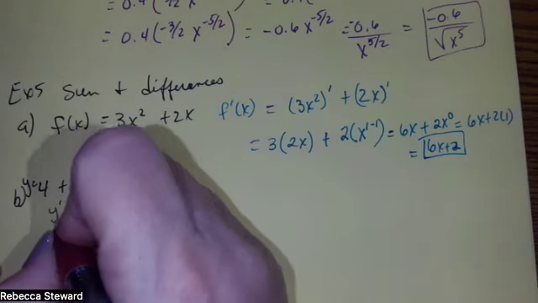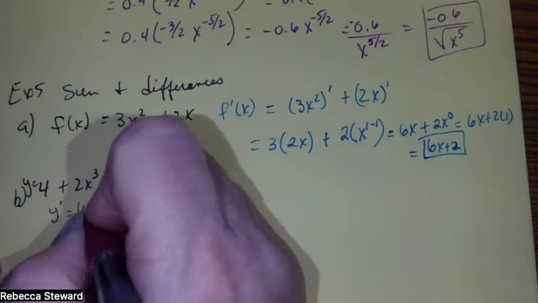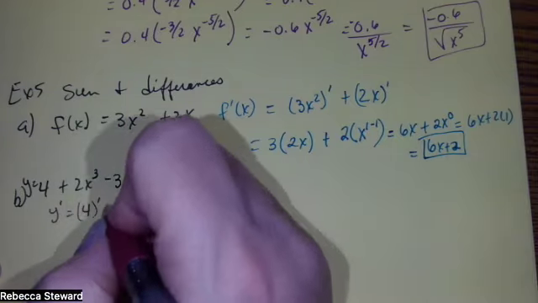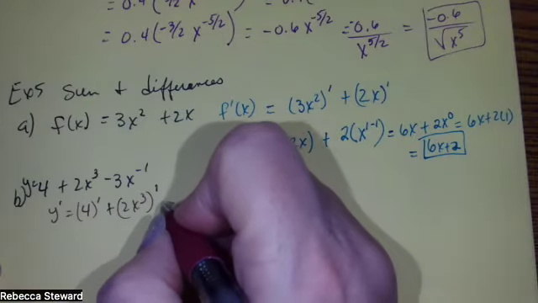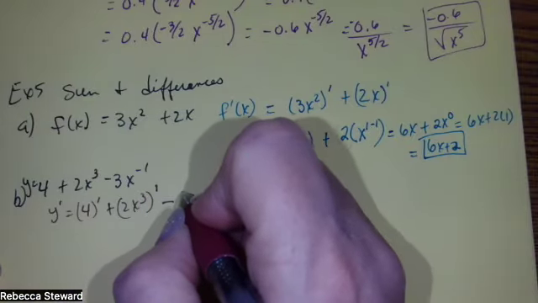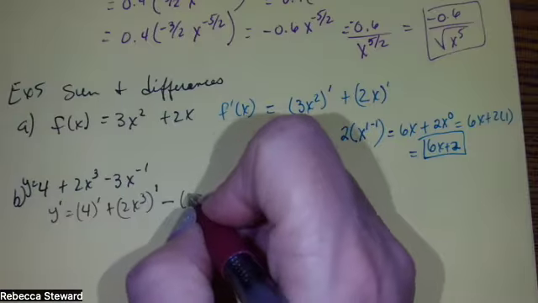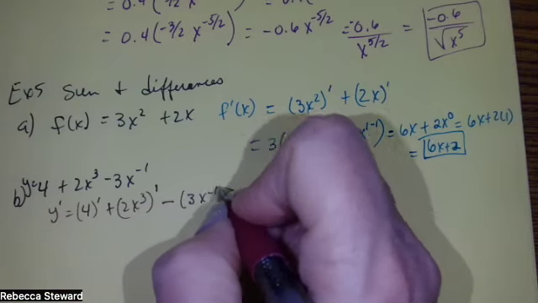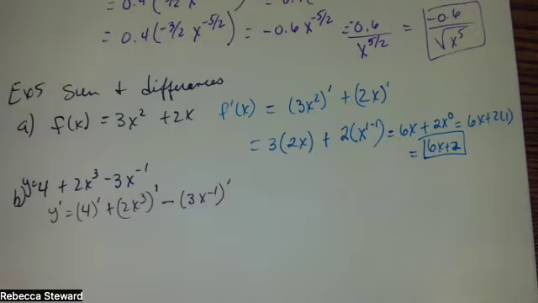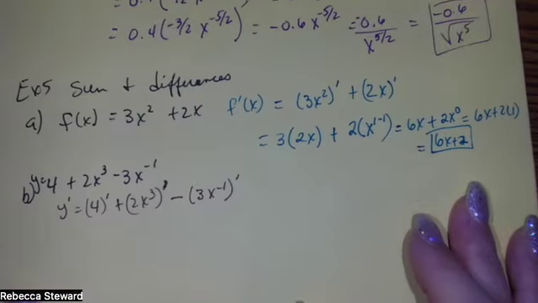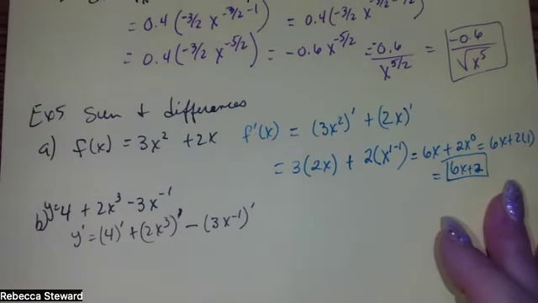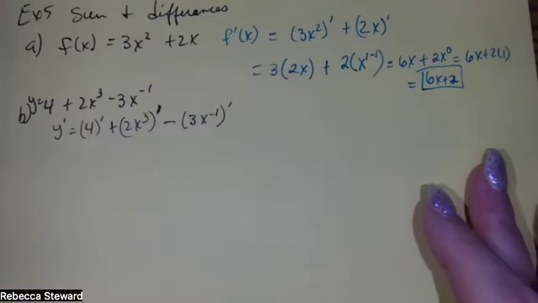So y prime will be equal to our 4 derivative, plus our 2x cubed derivative, minus, because there's a minus sign, 3x to the negative 1 derivative. So those are derivative symbols. They are not first powers, just so you know.